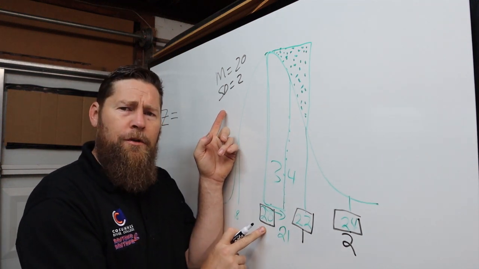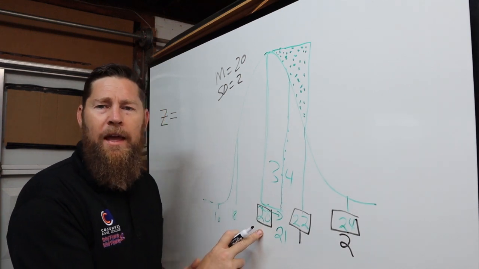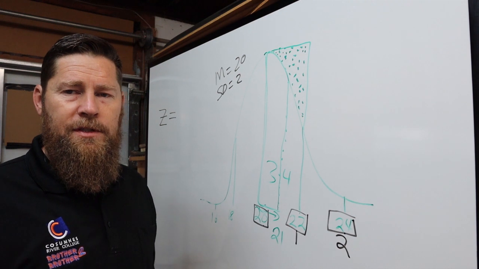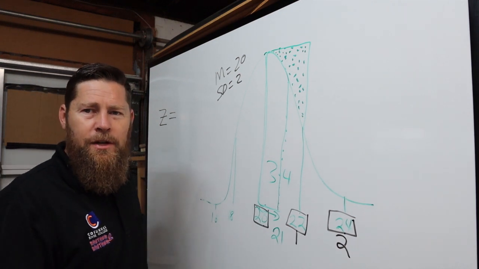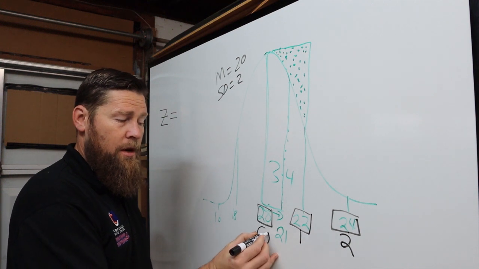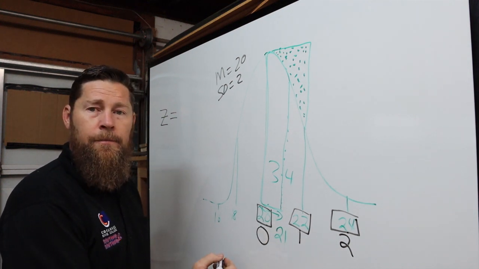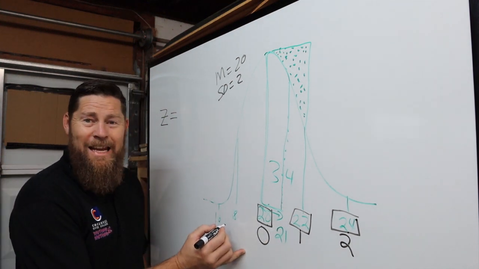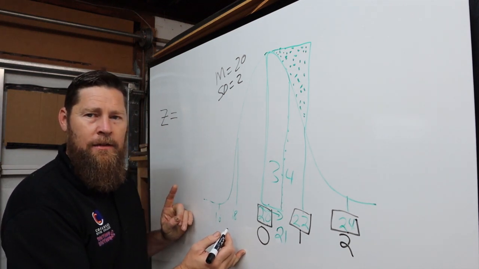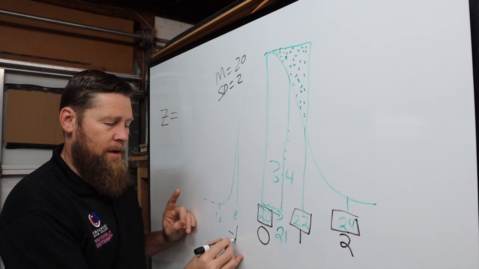How about the raw score of 20? How many lengths away is 20 from the mean of the group? That's a silly question. It's no lengths away. It's 0 lengths away, which is exactly why the Z-score here is 0. For 18, it is 1 length less, so it's a -1.